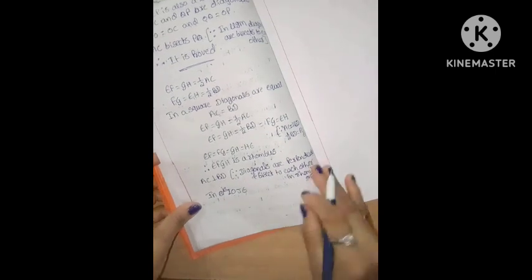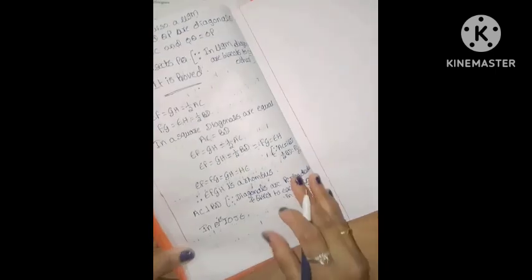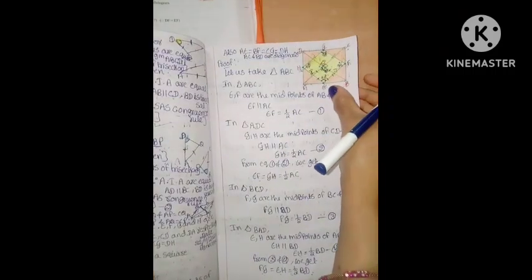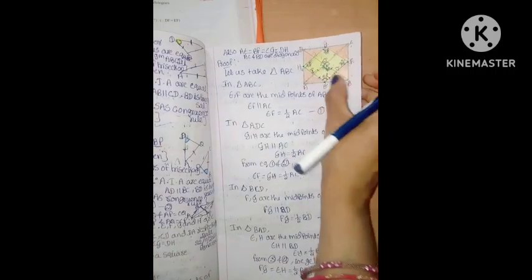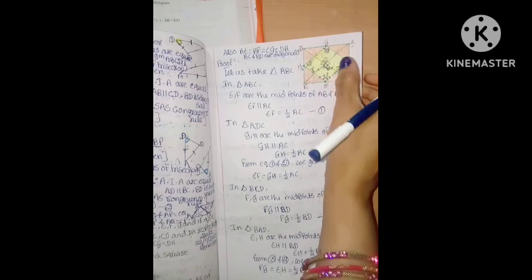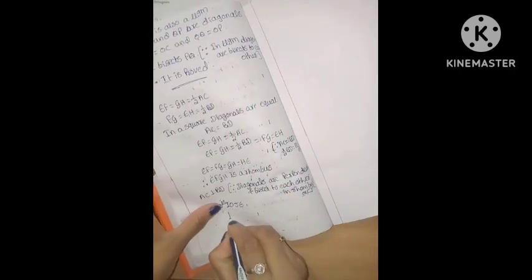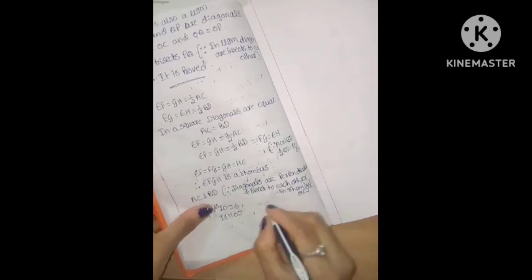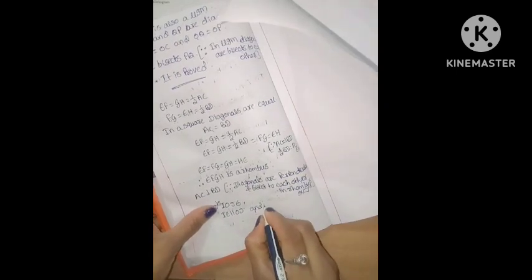IOJE is a quadrilateral. In a quadrilateral, both pairs of opposite sides are equal. So IE is parallel to OJ, and equal also.